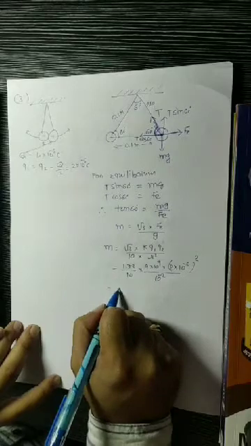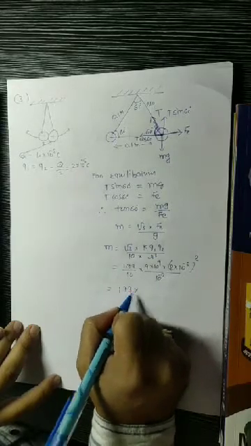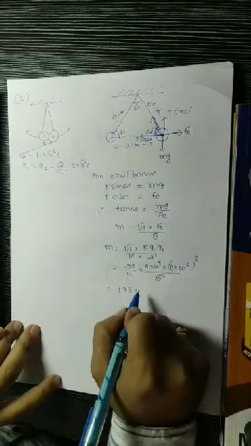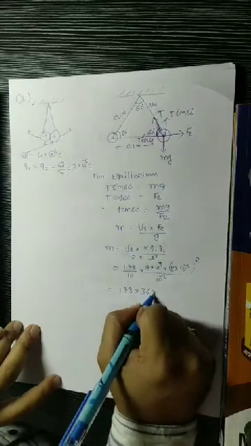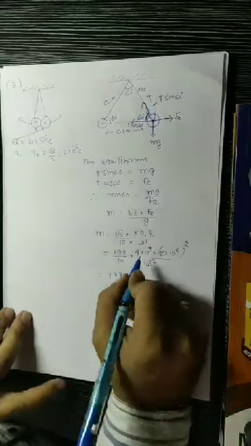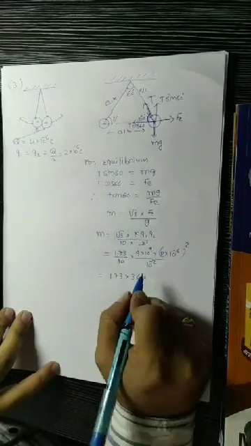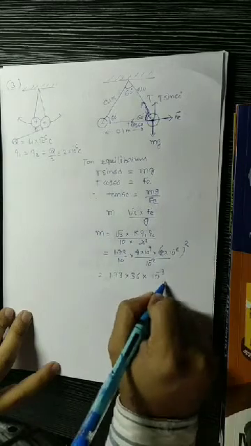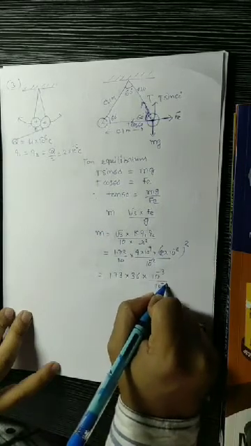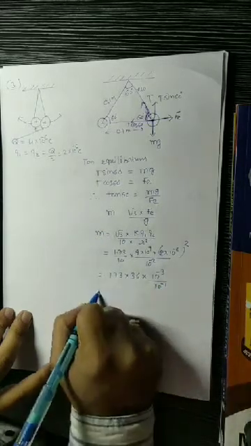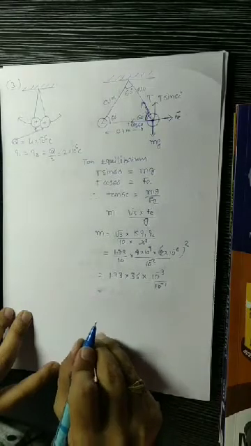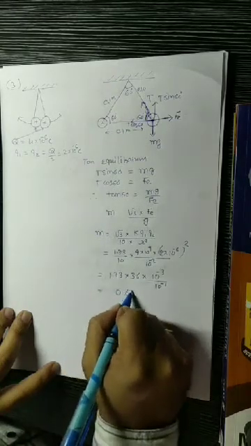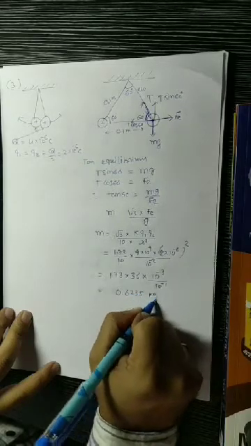So this is 1.73 into 2 into 2, 4, 4 into 9, that will be 36 into 10 raised to, minus 12 and 9 is minus 3, divided by 10 raised to minus 1. So if you solve this, you will get the answer which is equal to 0.6235 kg.